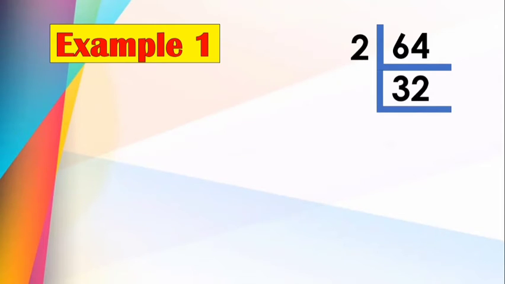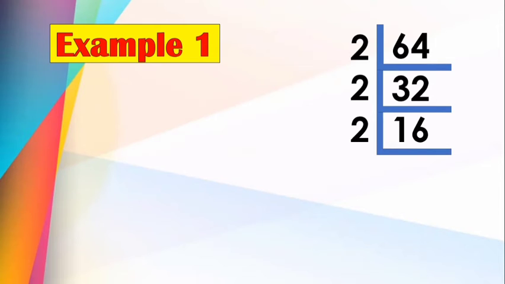Example number 1, we have 64. We're going to divide 64 by the smallest prime number, which is 2. 64 divided by 2 is 32. 32 divided by 2 is 16. 16 divided by 2 is 8. 8 divided by 2 is 4.